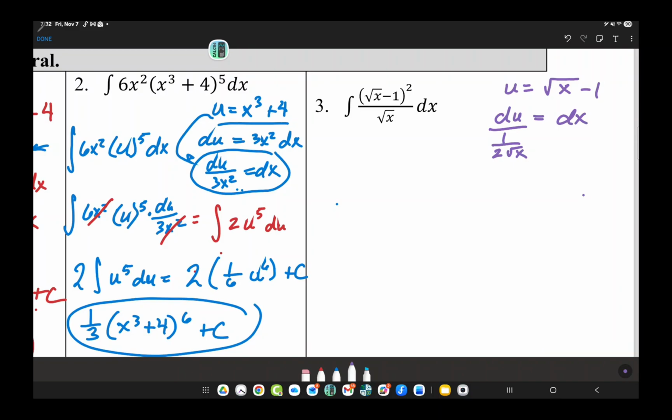I mean, honestly, we've done it quite a bit. Now that means we can write that as 2 square root of x du is equal to dx, because you just multiply by the reciprocal. So integral of u squared over square root of x times 2 square root of x du. Square root of x goes away. We can bring the 2 out.